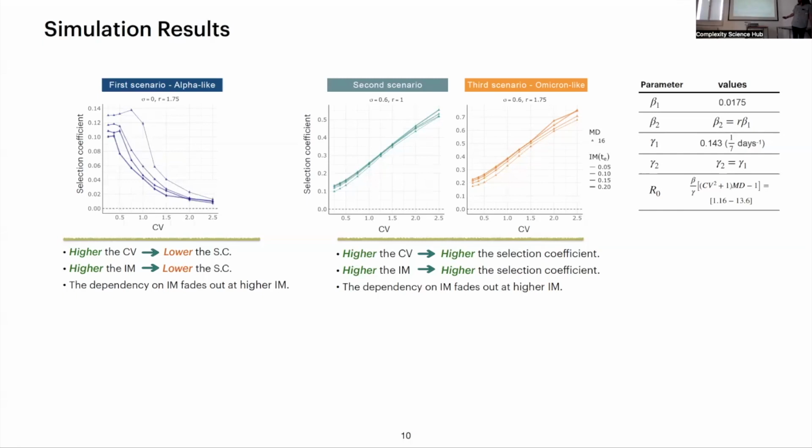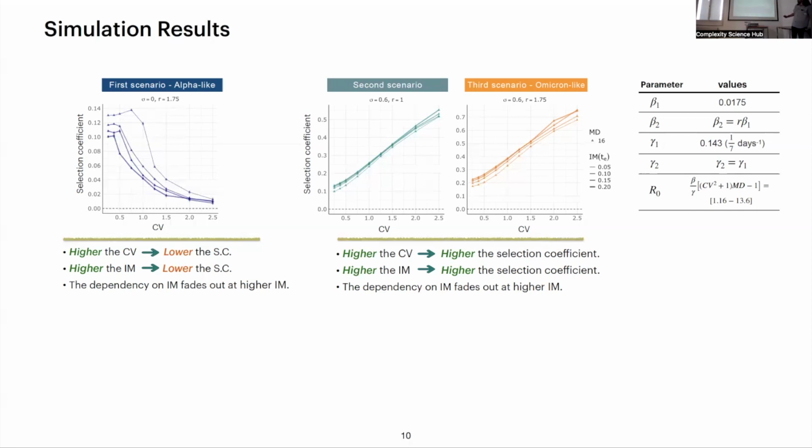In the second plot, you are looking at exactly the same thing for the second scenario, and in the third plot for the third scenario? Yes, this is the same: selection coefficient versus CV, heterogeneity, for the third scenario. The immunity level is for the different lines in each of your curves.